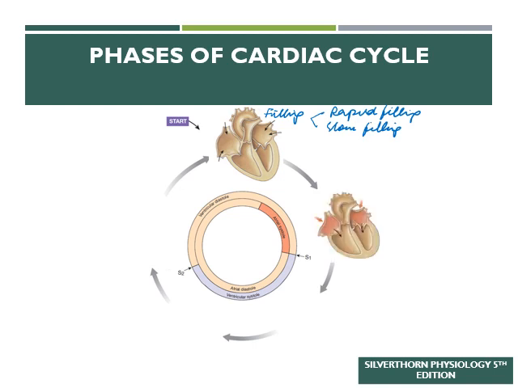After this, 80% of blood moves into the ventricles. After rapid and slow filling, atrial systole occurs, and the atria contract and pour the remaining 20% of blood into the ventricles.